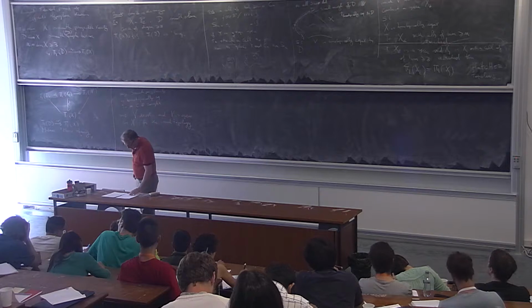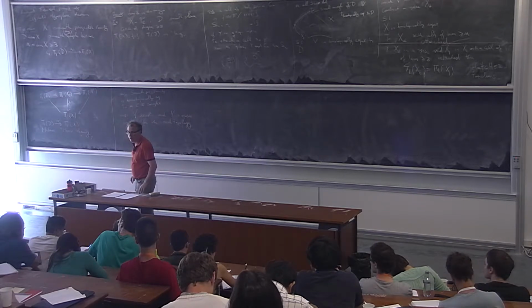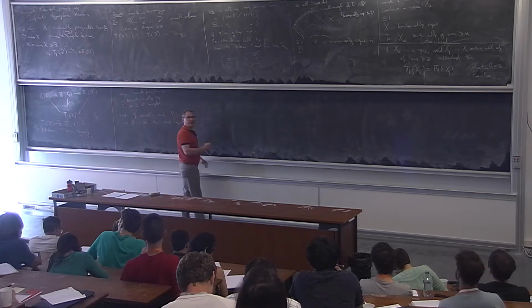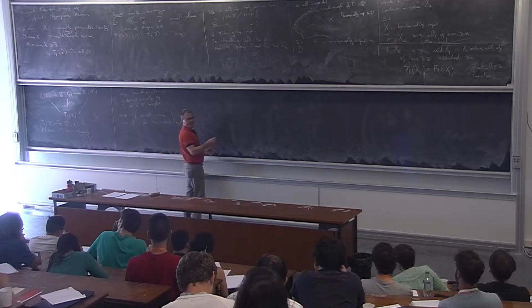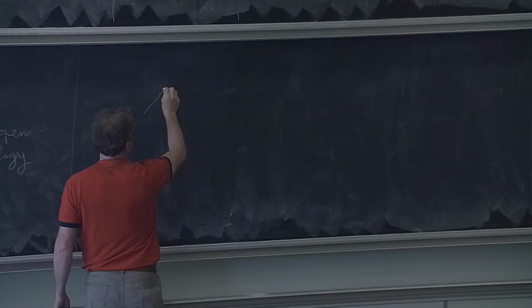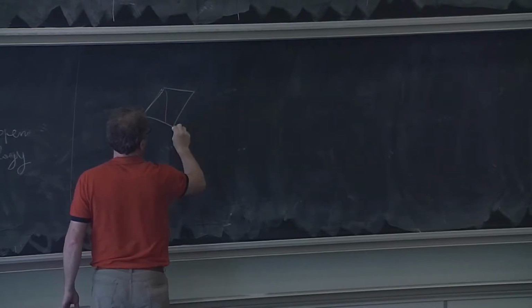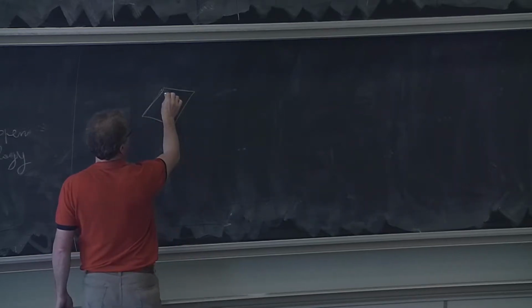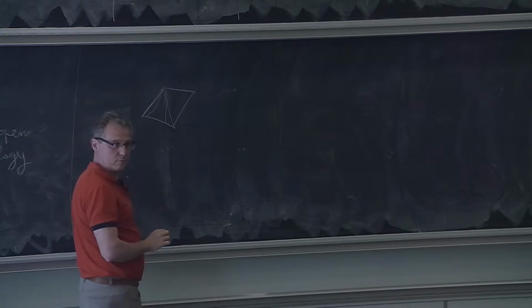Sorry, why from this fact follow one? Because I make a picture. In topology, you want to make pictures. Suppose that this is V, this is D, and then you have X.